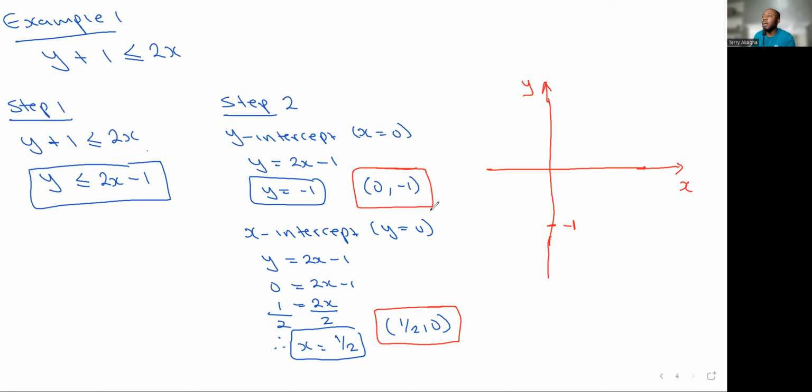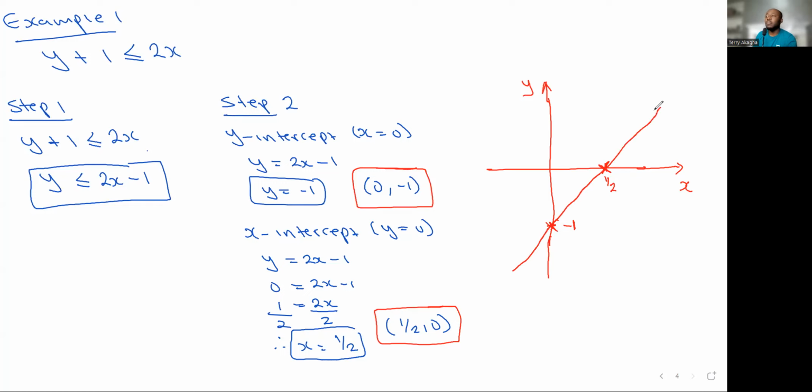The x-intercept is half and 0, so let's say this is half here. These are the 2 points, and we're drawing the line now, a straight, smooth line joining both of them together.